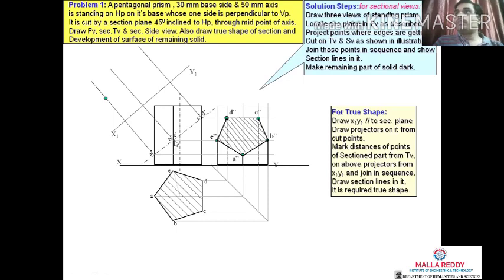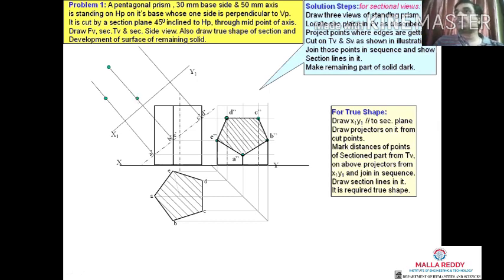To get B dash, one leg of the compass on xy, the other leg on B. The distance is taken from xy and it is represented from x1, y1. Similarly, for E also, taking the distance from xy to E, the same distance is represented from x1, y1.